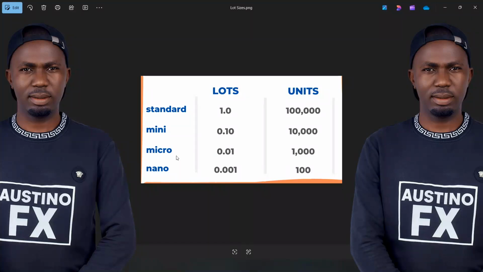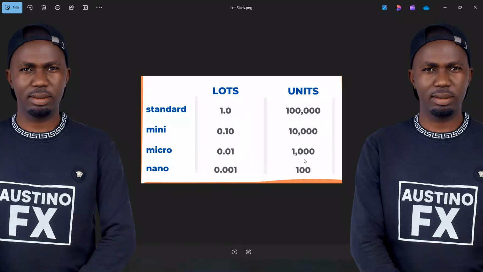So what they're using is from micro to standard. So let's pay attention to from micro because that is what brokers are using. The micro lot size is 1,000 units. It's 0.01. So if you have a capital of, let's say, $500 or less, you have to make use of the micro lot size.